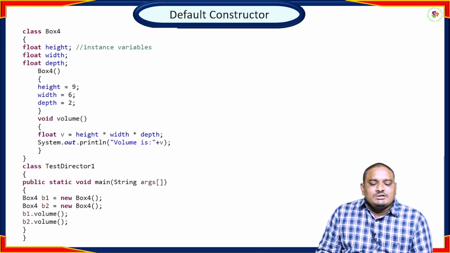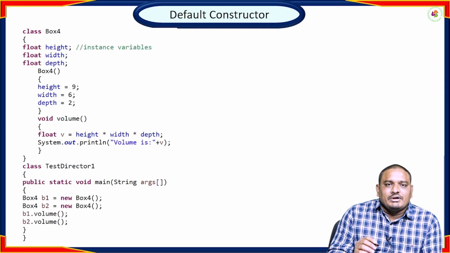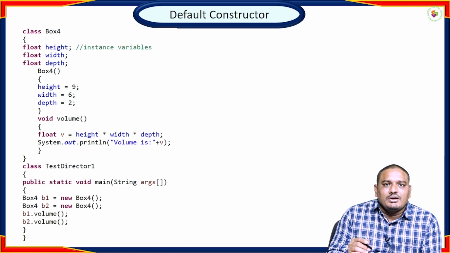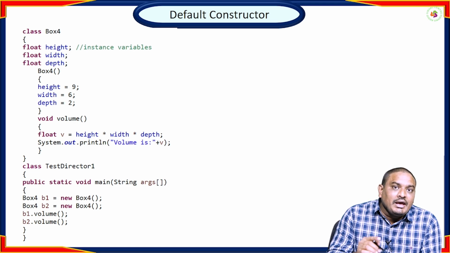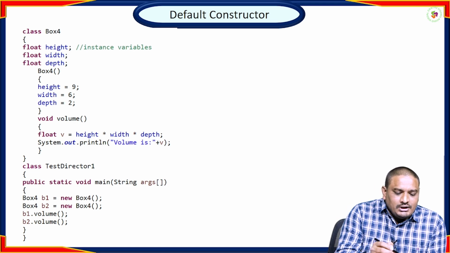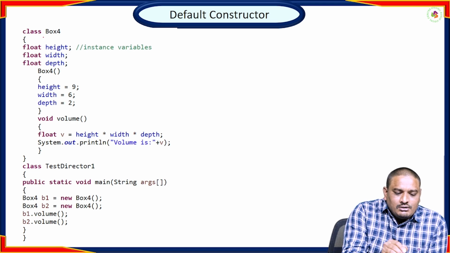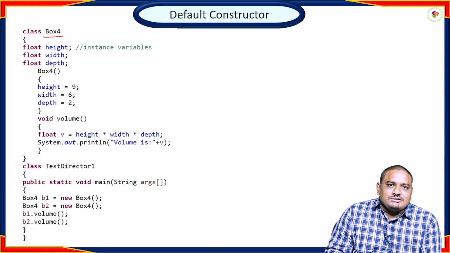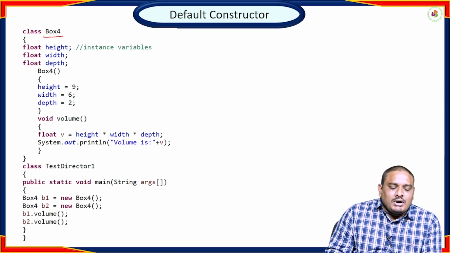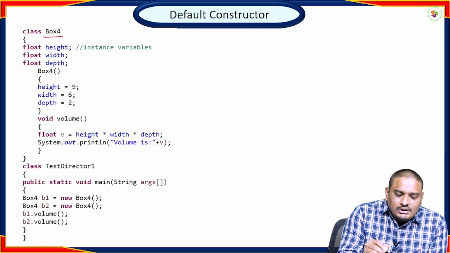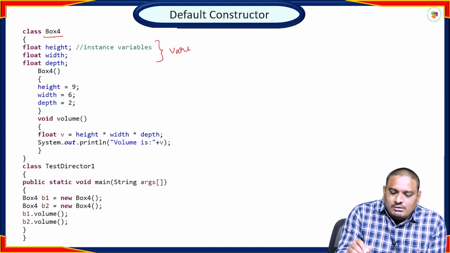See this one. What is the condition for creating a constructor? The constructor name should be the same as the class name. Here, Box4 is the class name. In the Box4 class, we are assigning the variables.